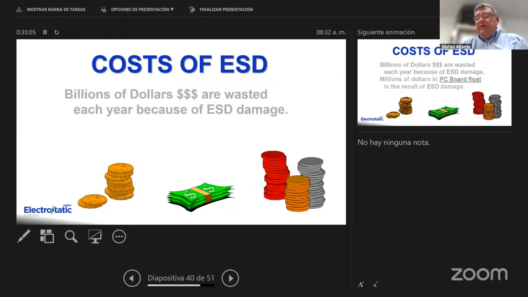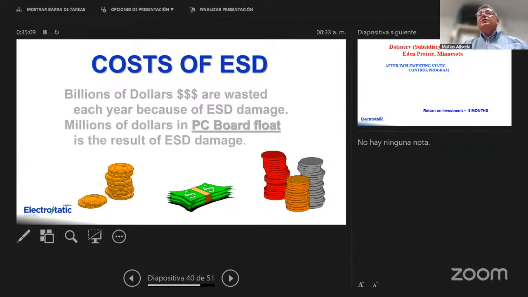That's the way you can know the cost, but I think there is a lot more cost. As per the industry standard, because of ESD, the revenue in the industry can reduce by up to 7%. That kind of negative impact it can have.